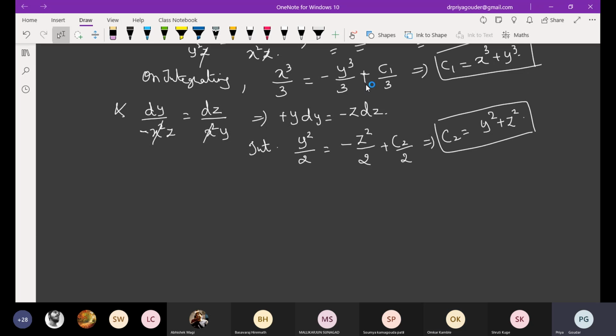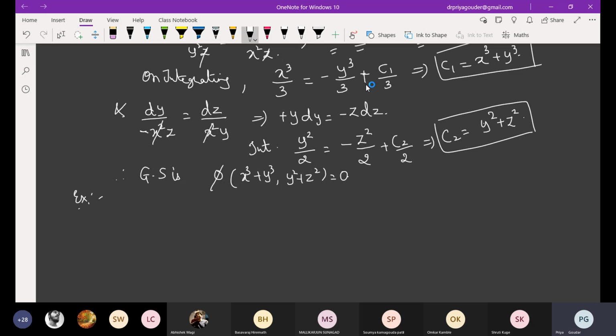Very good. Therefore, what is the general solution? Phi of u comma v equal to 0. How are you finding Lagrange's method to be? Even though sometimes they ask simple ones also, not to worry.